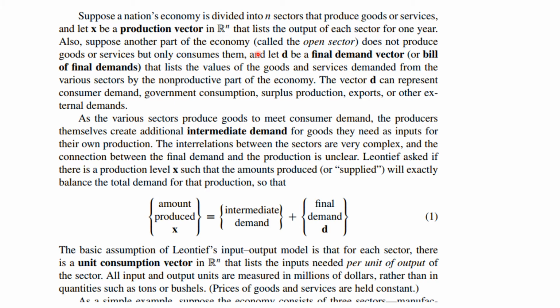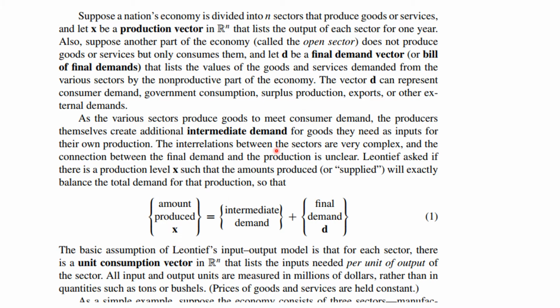And also suppose that another part of the economy, called the open sector, does not produce goods or services, but only consumes them. And you might be saying, okay, so these are things that you could export, perhaps. And let D be the final demand vector, or bill of final demands, that lists the values of the goods and services demanded from the various sectors by the non-productive part of the economy.